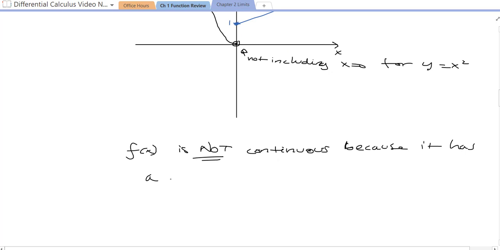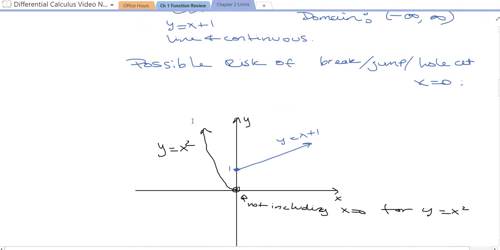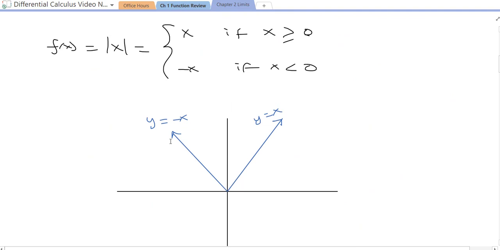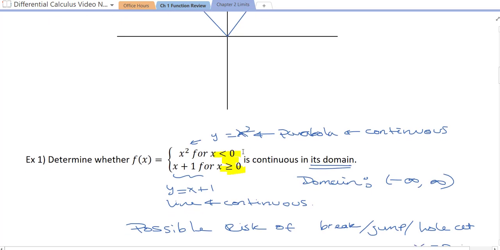And that's called a jump discontinuity. So this will be an example of something that is not continuous, and this one, y equals the absolute value of x, is continuous. There are no breaks, there are no jumps in the graph.